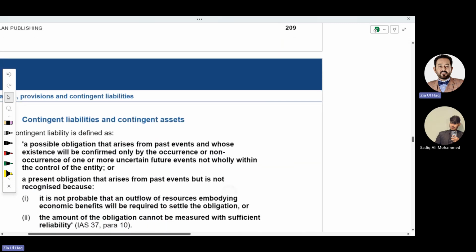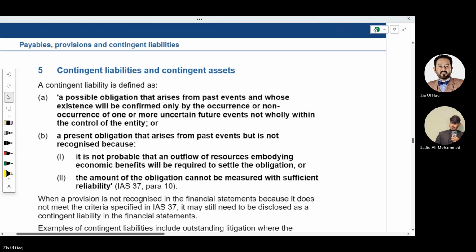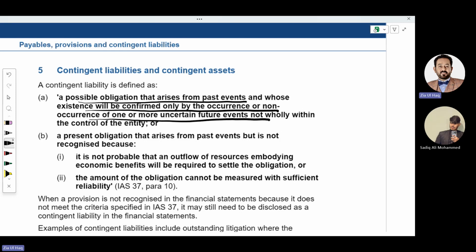Let's move forward. What is contingent liability? Contingent liability is defined as a possible obligation that arises from past event and whose existence will be confirmed only by the occurrence or non-occurrence of one or more uncertain future events. Meaning whether the company needs to pay the amount or not will be decided in the future. A present obligation that arises from past event but is not recognized because it is not probable, meaning possible.